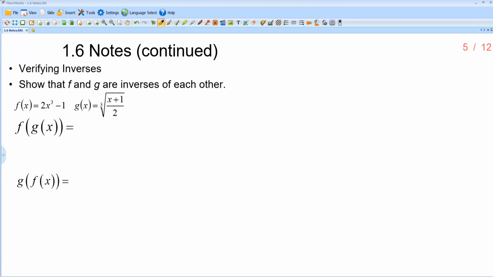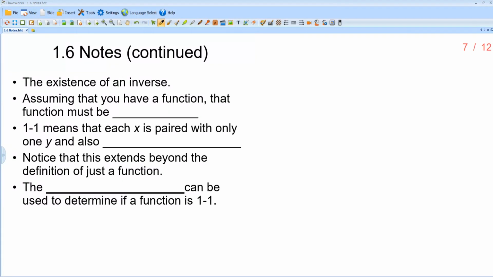All right, skipping ahead a little bit. The existence of an inverse. So it is possible that given a function, there is no inverse to that. So assuming you have a function, the function must be what is called one-to-one. And this right here, just saying the same thing, one-to-one.